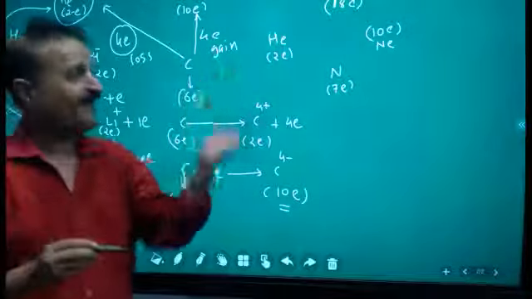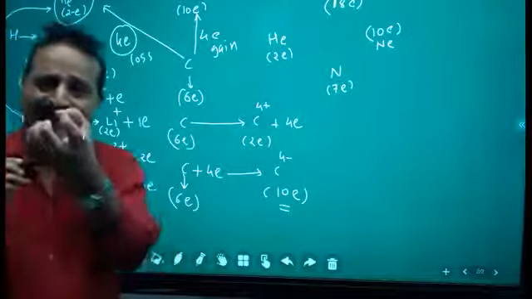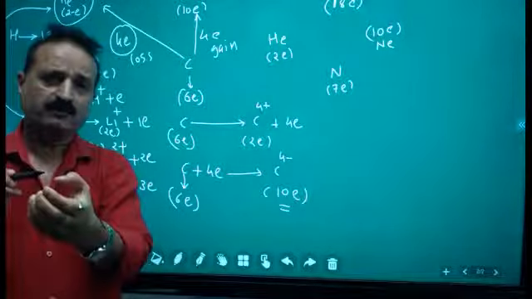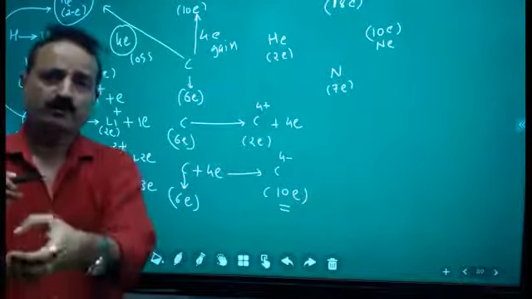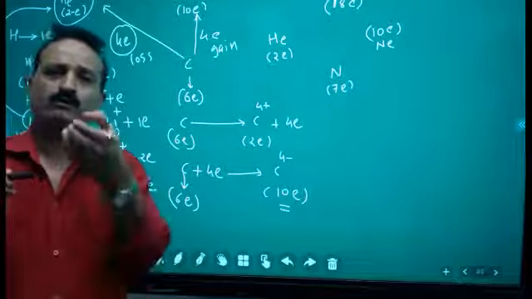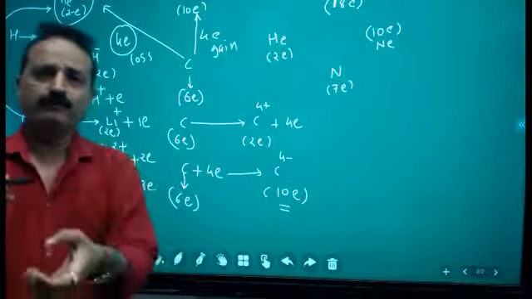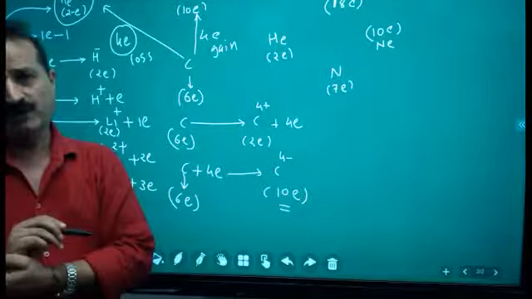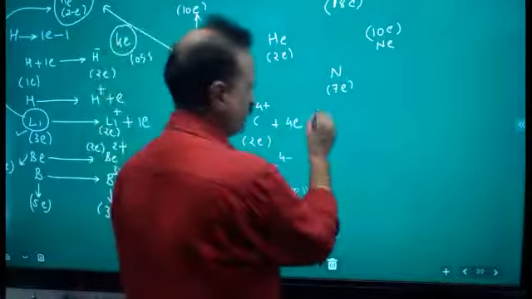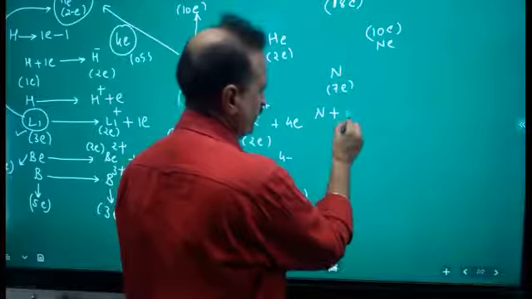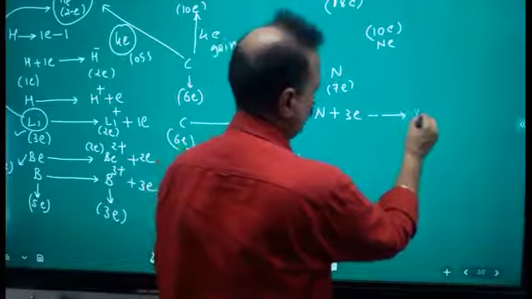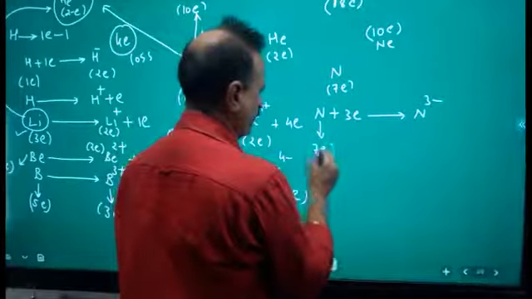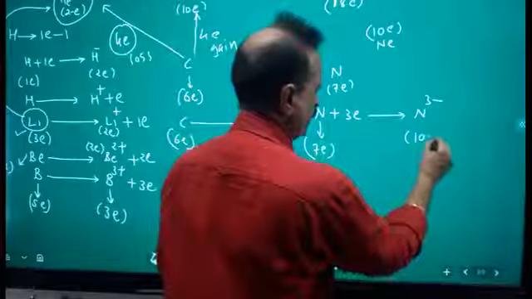If it wants to get neon, it should gain 3 electrons. The nearer noble gas is neon, so nitrogen will always take the same number of electrons as neon. So nitrogen can gain 3 electrons. Nitrogen will become 3 minus. Here the number of electrons is 7, here the number of electrons is 10.